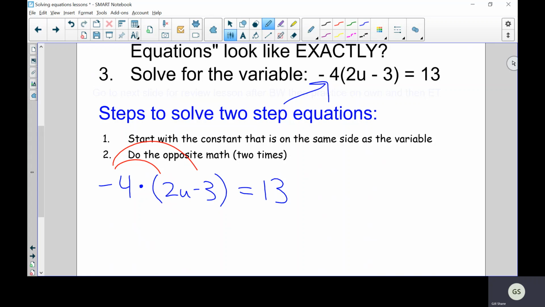All right, so this means I'm taking -4, and the math is going to be multiplication, times 2u. -4 times -3. So here's the way I told you to do this. Don't put any addition or subtraction in when you're setting it up. You'll do that when you do the actual math.